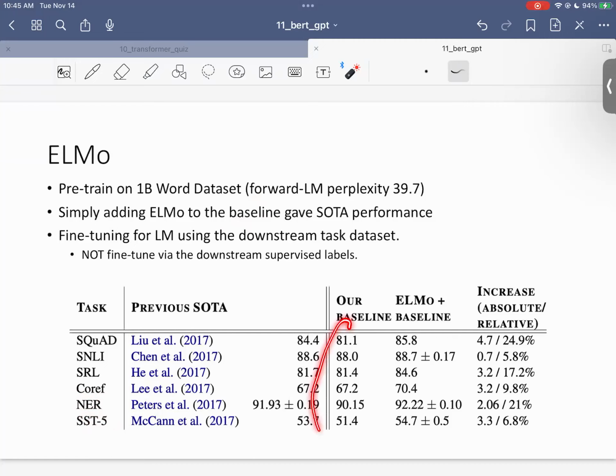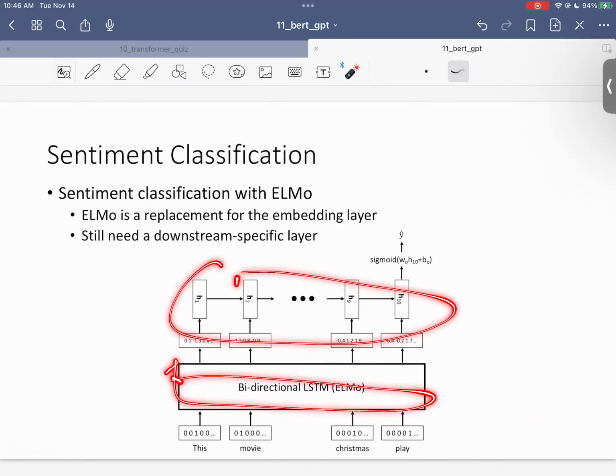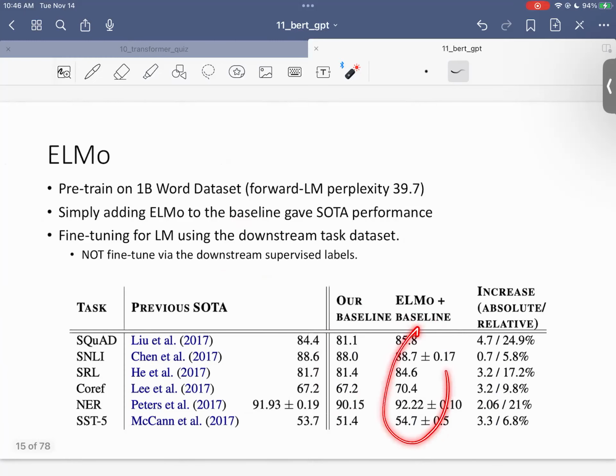Anyway, this was the baseline, just using some one-hot embedding or something. And this is where you use ELMo as a contextualized word embedding generator, and you can see an immediate performance boost without changing the architecture of the baseline. The baseline architecture is exactly the same. It's just that you put ELMo beneath the architecture, and that already gives a good performance.